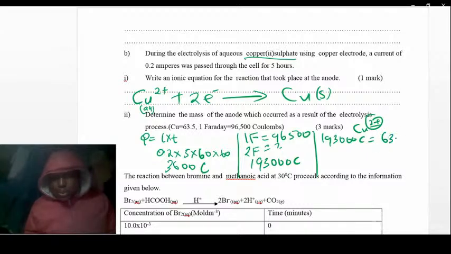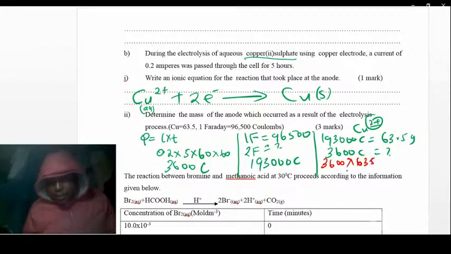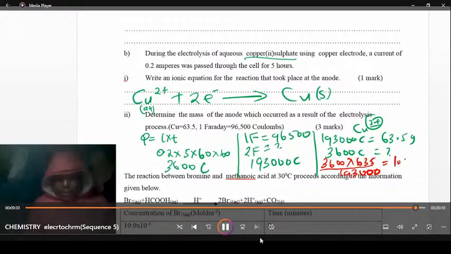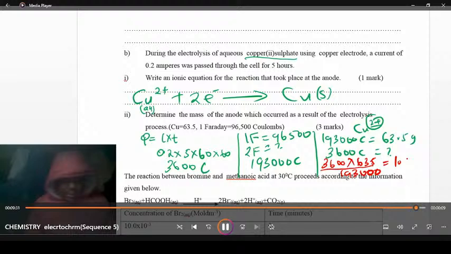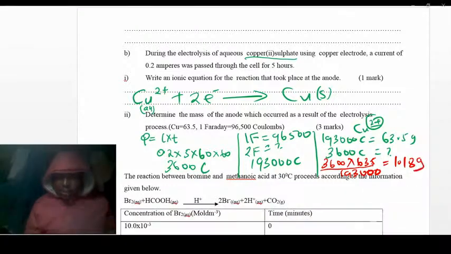So we ask, what about 600 coulombs? How many grams will it be? So you multiply 600 times 63.5 divided by 193,000, and this will give us a mass of 0.197 grams. So that is the mass that will be produced during this electrolysis.